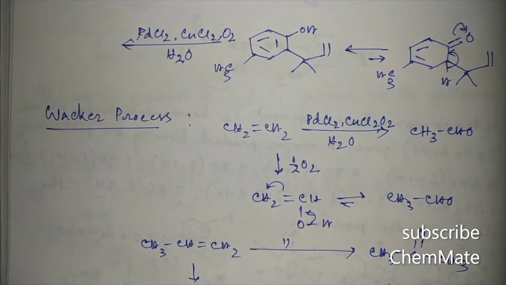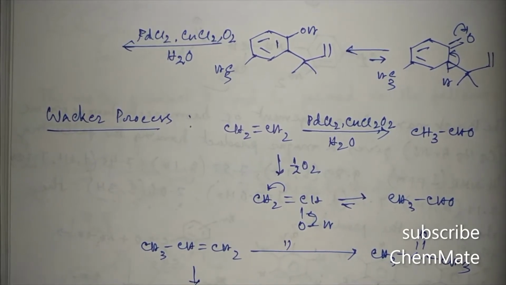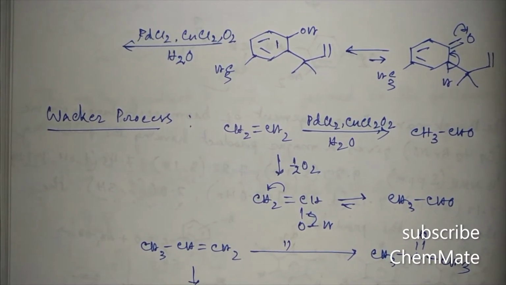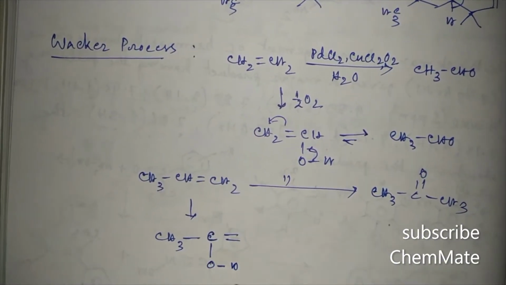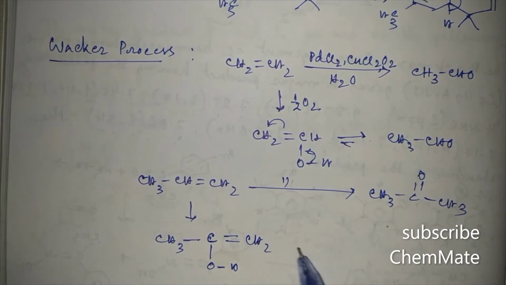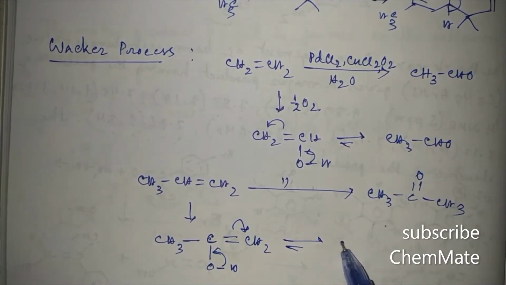Here also the oxygen will add into the more substituted carbon, so it will be OH. So the OH will be attached to this carbon, and after that it will undergo keto-enol tautomerization to form the acetone.